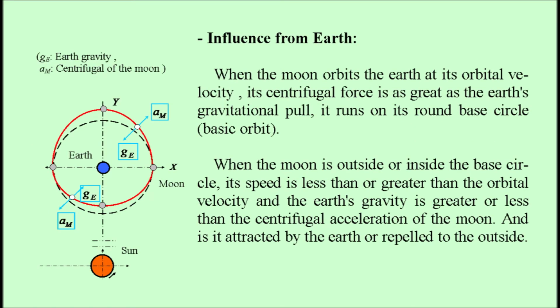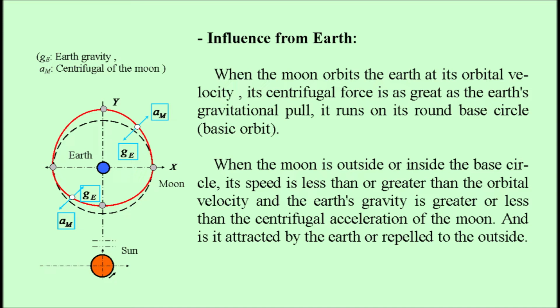When the Moon orbits the Earth at its orbital velocity, its centrifugal force is as great as the Earth's gravitational pull. It runs on its round base circle, its basic orbit. When the Moon is outside or inside the base circle, its speed is less than or greater than the orbital velocity, and the Earth's gravity is greater or less than the centrifugal acceleration of the Moon.